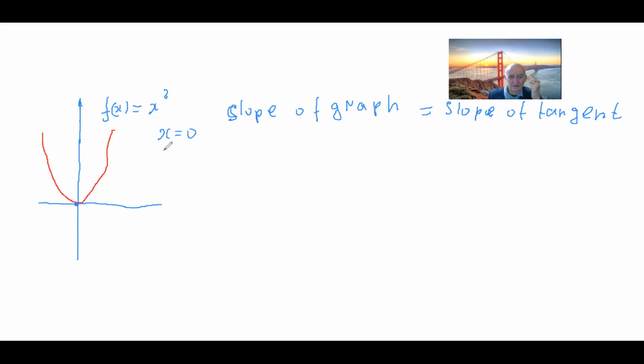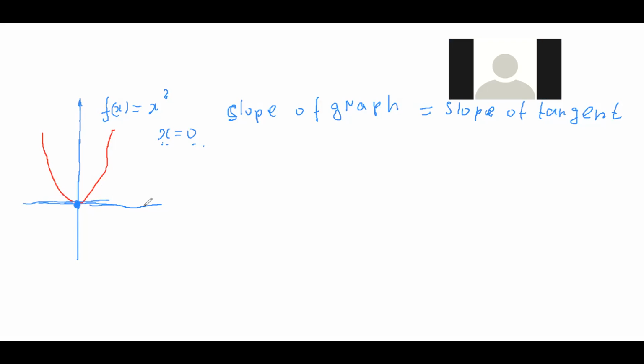What is the tangent of this graph at the point x equals 0? x equals 0 is this point here. And this x-axis is the tangent line. And what is the slope of this tangent line? The slope is 0, because it's a horizontal line.